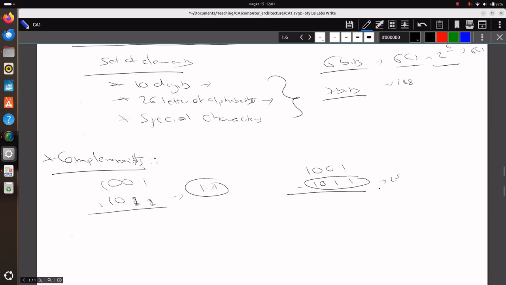The complements are used in digital computers for simplifying the subtraction operation and for logical manipulation. There are 2 types of complement for each base system: the R's complement and the R minus 1's complement.